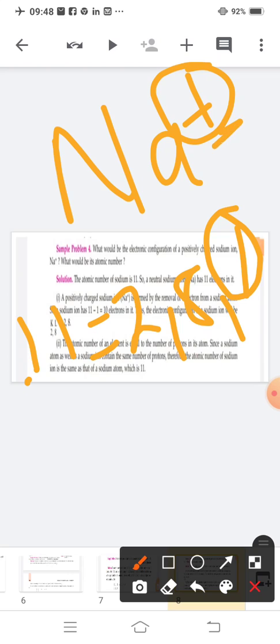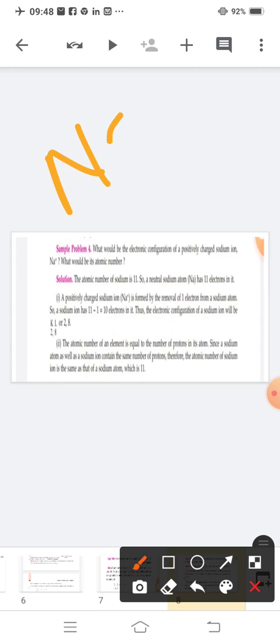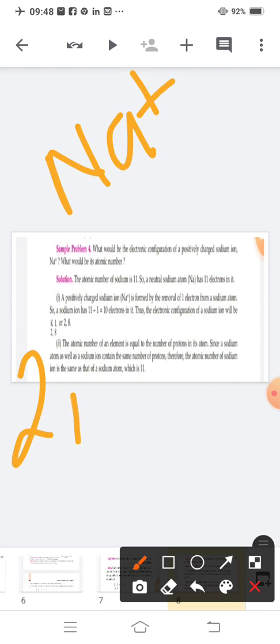Now if it has a plus charge, it has already donated one electron. So for Na plus, the electronic configuration would be 2 and 8, and its atomic number would be the same. The atomic number will not change.